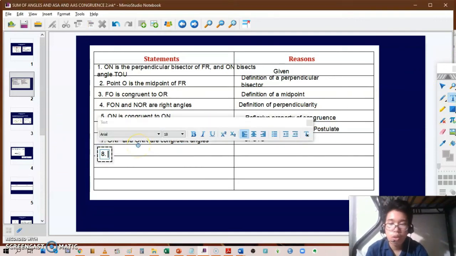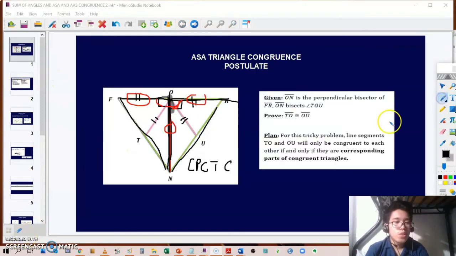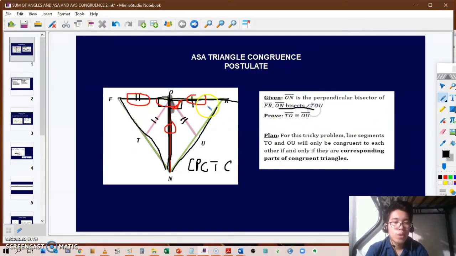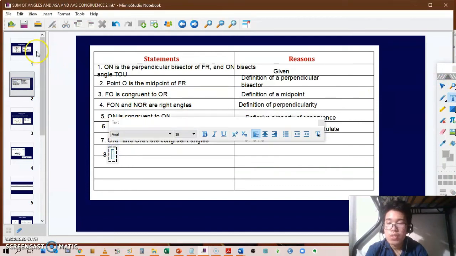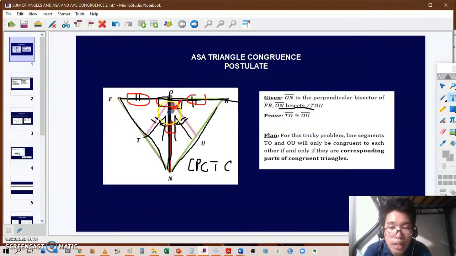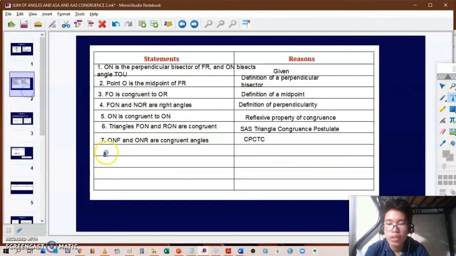Now let's write number 8. Since we already know that line segment ON also bisects angle TOU, that must mean that angle TON and angle UON are the same. Those two angles are the same because they have been bisected by line segment ON. So, as our eighth statement, angles TON and UON are congruent.